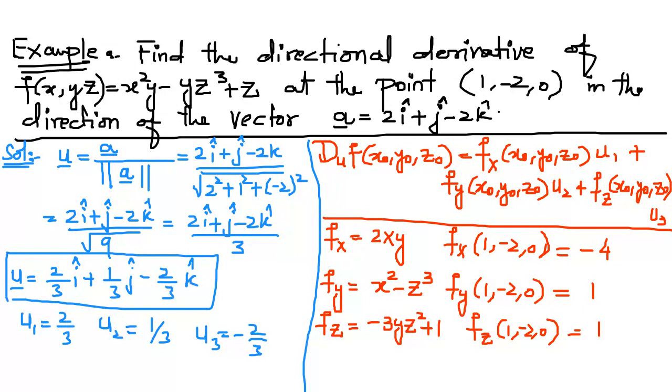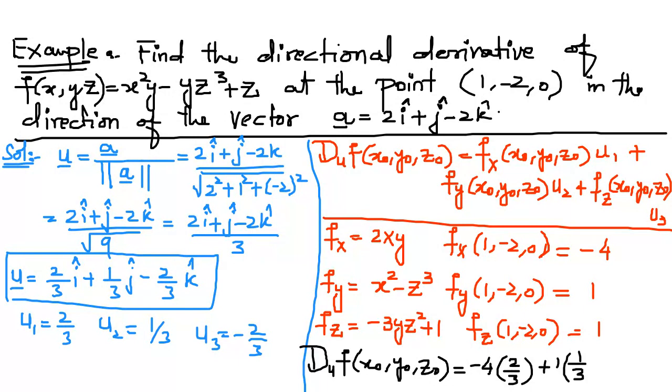Okay, so putting in the formula, you will get the directional derivative of the function at point x naught, y naught, and z naught is equal to minus 4 multiplied by u1, which is 2 over 3, plus 1 multiplied by 1 over 3, plus 1 multiplied by minus 2 over 3.